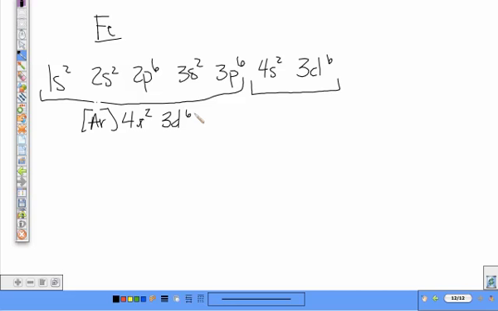Because the first time we have a D sublevel is when n equals 3, SPD. If you think about our rules, if n equals 3, we can have L from 0 to n minus 1. That's the first time we can have a 2 for our L value. 0, 1, and 2 is the D sublevel.